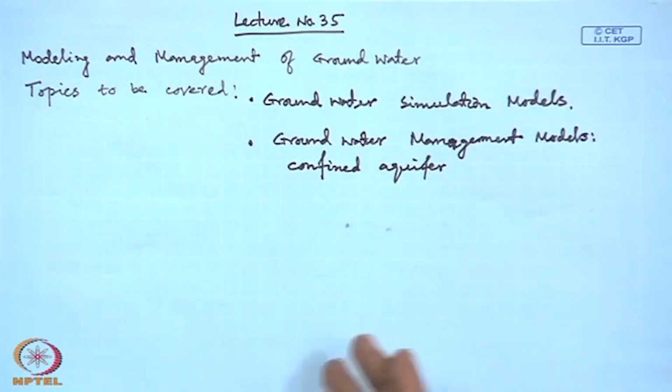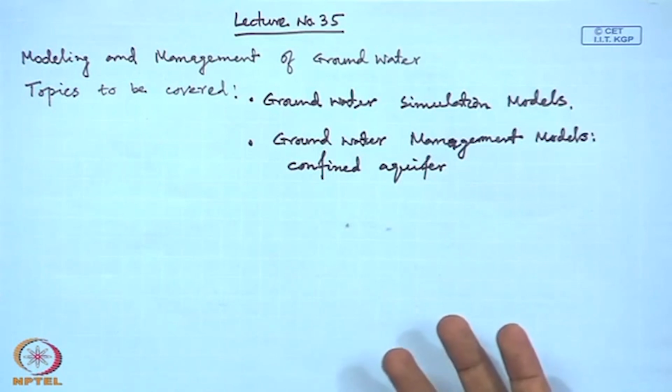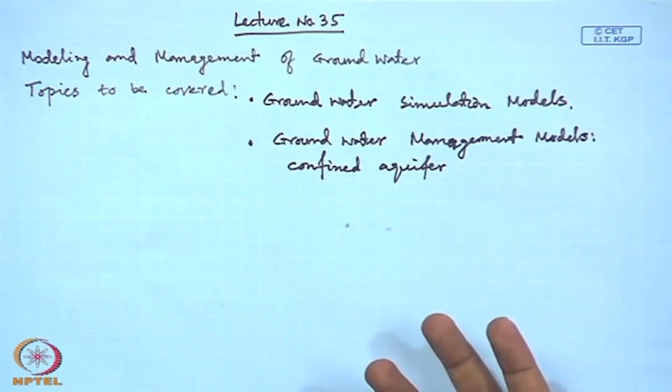In simulation aspect, we try to see the physical processes by using our governing equations that we have derived in our previous lectures, and in management model we try to see what-if kinds of scenarios if we do certain kind of management, or we put certain kind of restriction on the groundwater use, or restriction on variables, then what will be the situation in near future or in long term aspect. Okay.